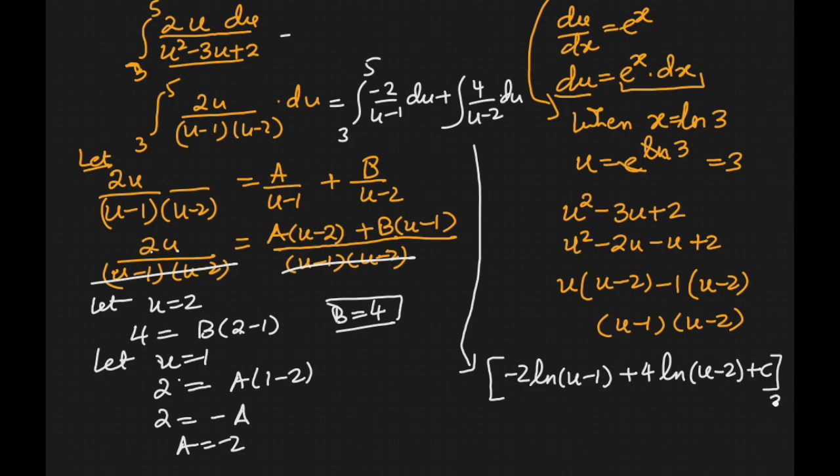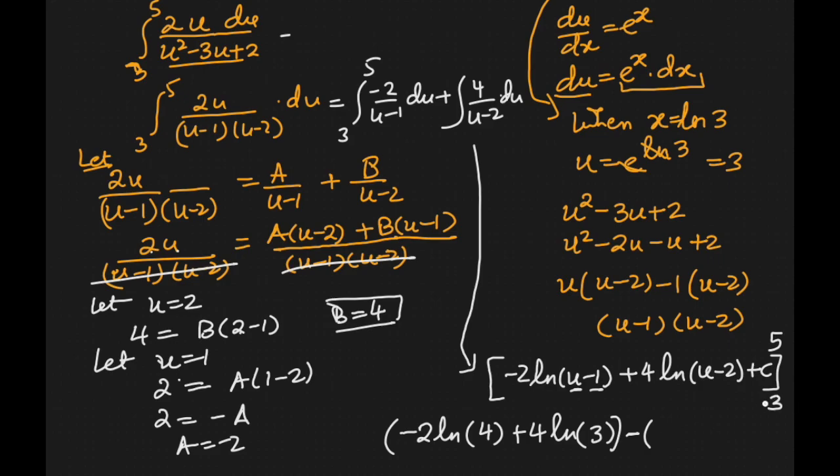Now from 3 to 5 we have to evaluate it. Substitute 5 first. So minus 2 natural log of 5 minus 1, which is 4, plus 4 natural log of 5 minus 2, which is 3.